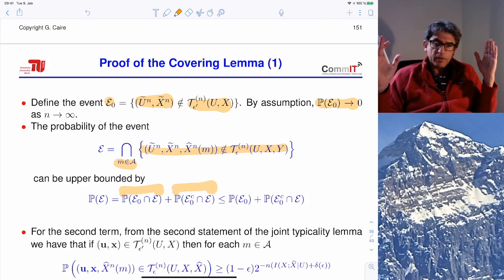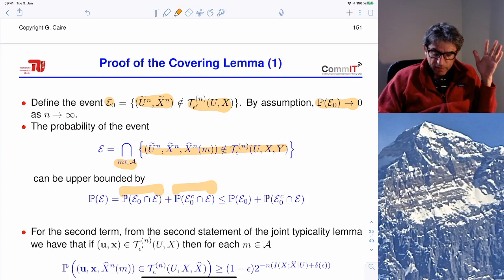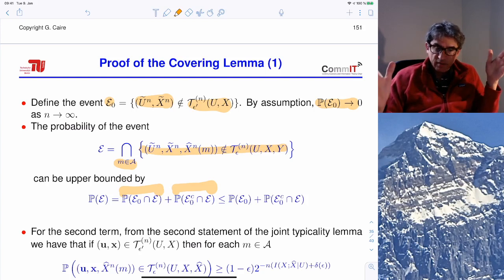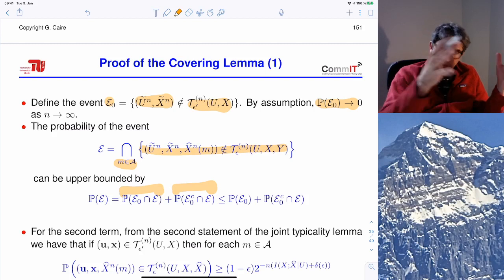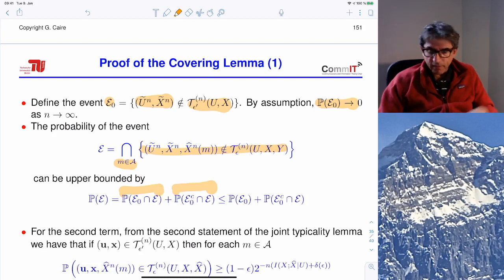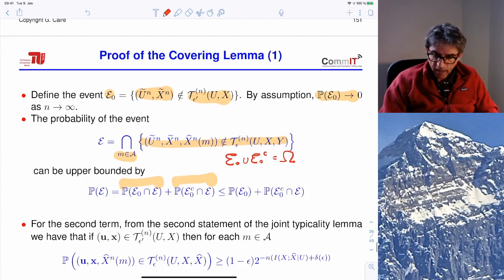Every time you want to compute a probability and you have another event, you can always write this probability as the sum of the probability of the event you want to consider intersect this other event plus the probability of the first event intersect the complement. And this is because in general, for any event E0, E0 union E0 complement makes the whole sample space, all the possibilities, and E0 and E0 complement are disjoint.